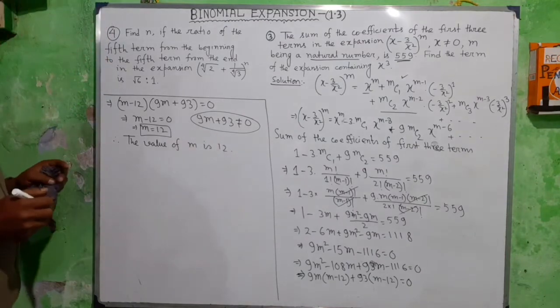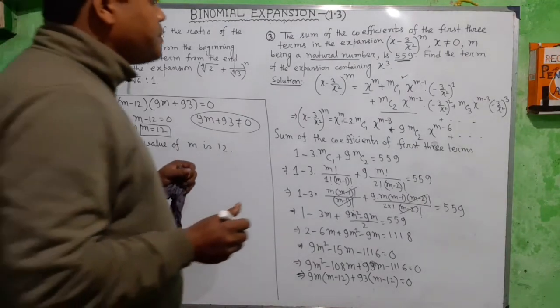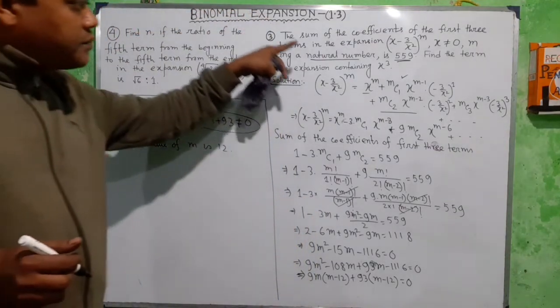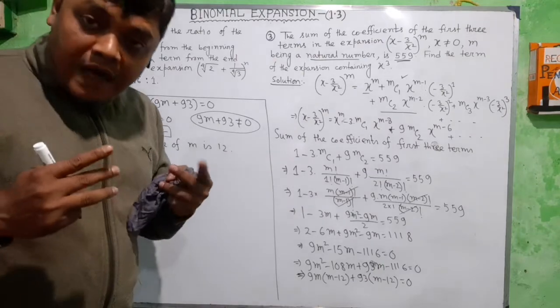So the second part of the question: find the term in the expansion containing x cube. Continuing this problem, we have already gotten the value of m.